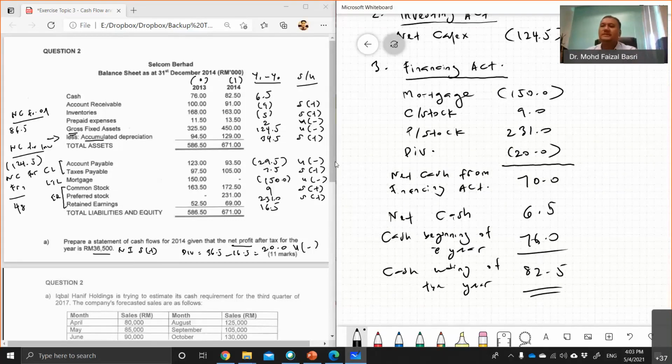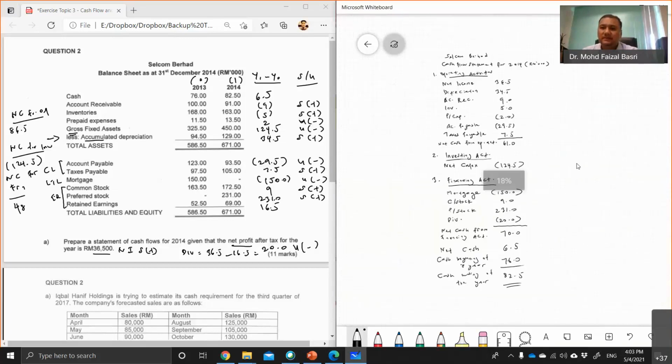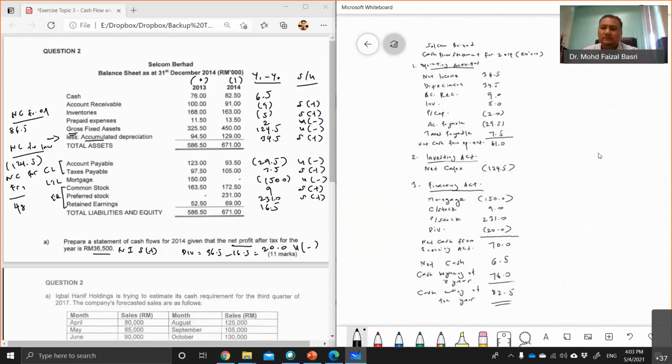Okay, so this would be our cash flow statement. We make it all something like this.